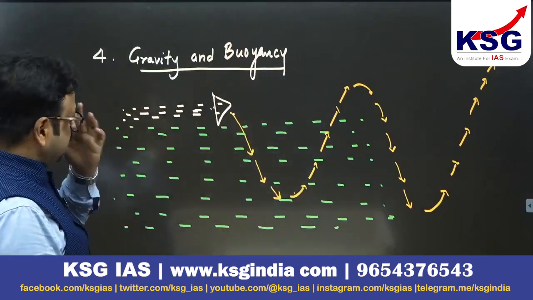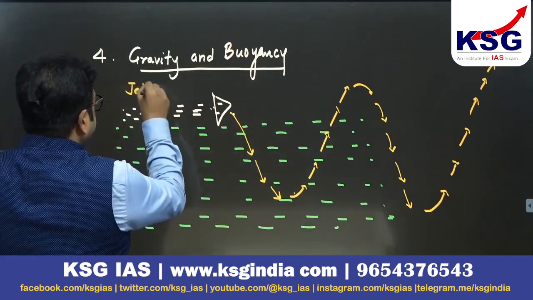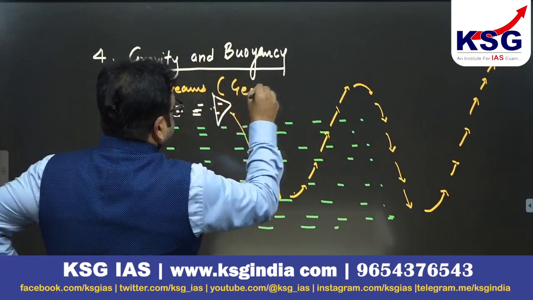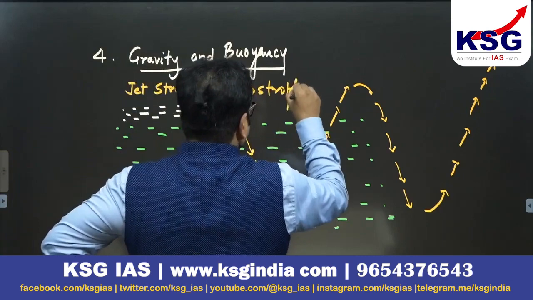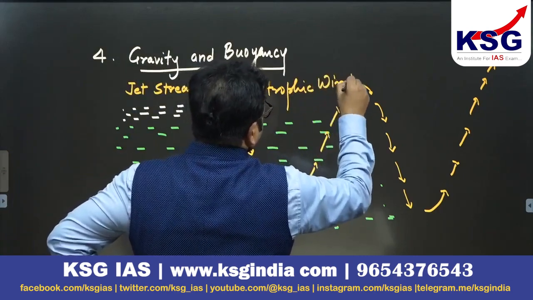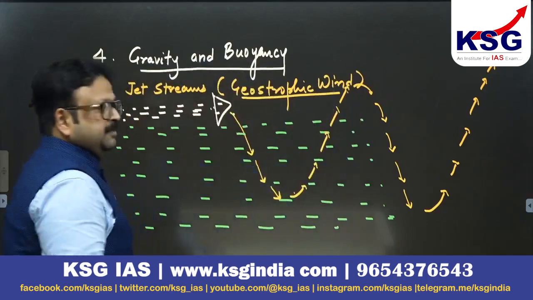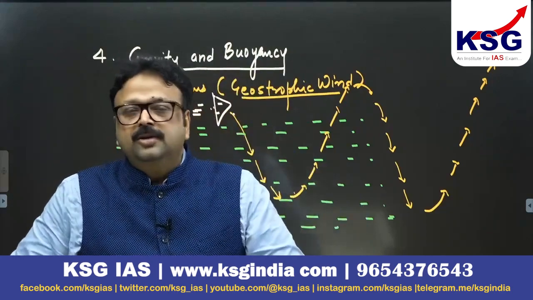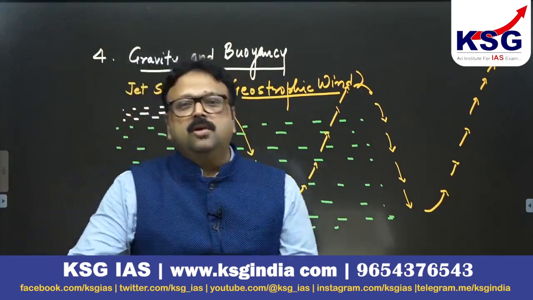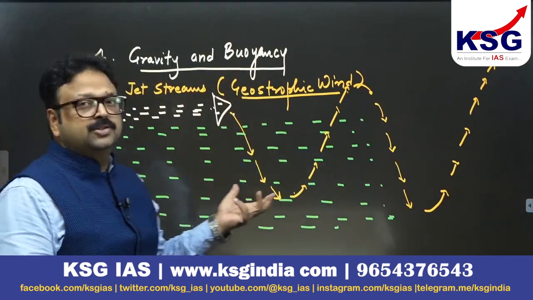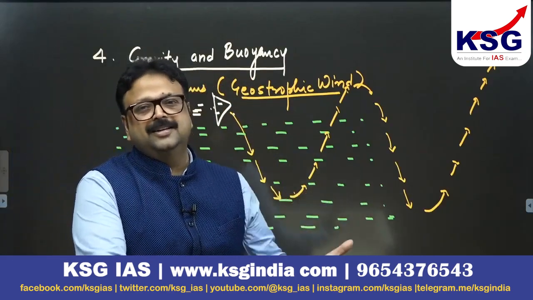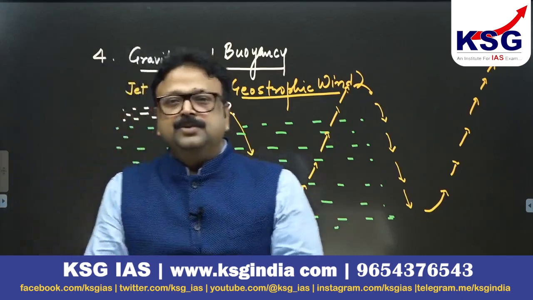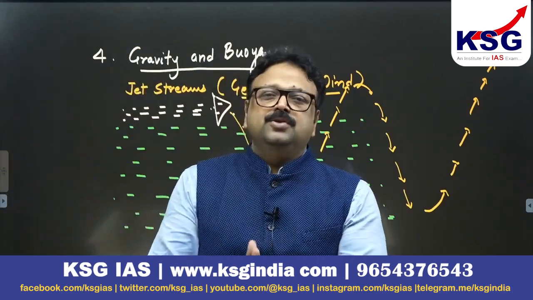So when we discuss jet streams, especially jet streams that are geostrophic wind, we will find this kind of meandering, especially the polar jet as well as the subtropical jet. They go for vertical as well as horizontal meandering. Why this meandering is going on and what its repercussions are will be discussed in detail in the class. You require some more understanding of how jet streams are formed, where they are formed, how they become geostrophic, and all.